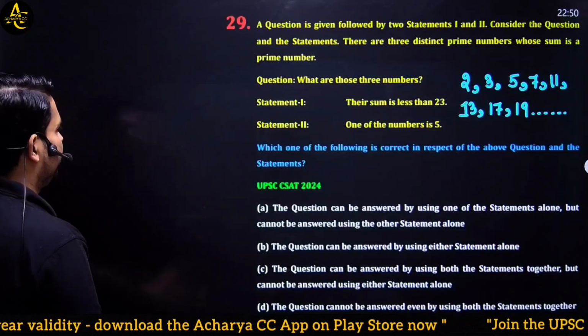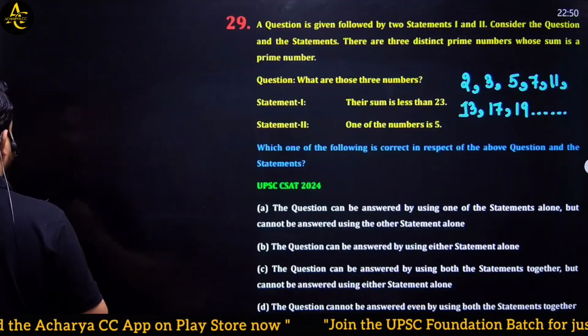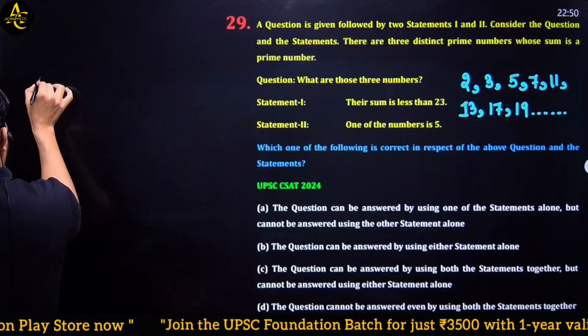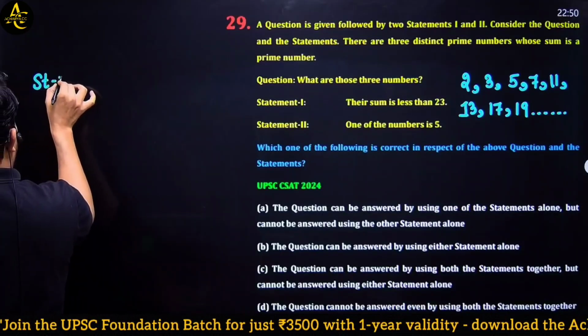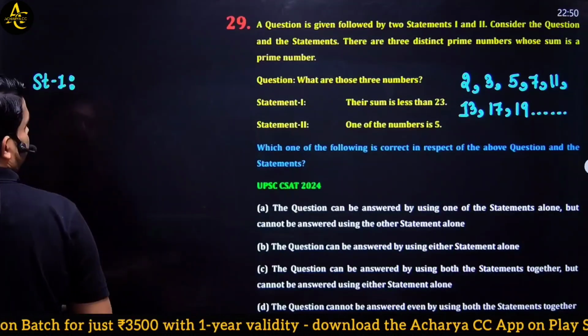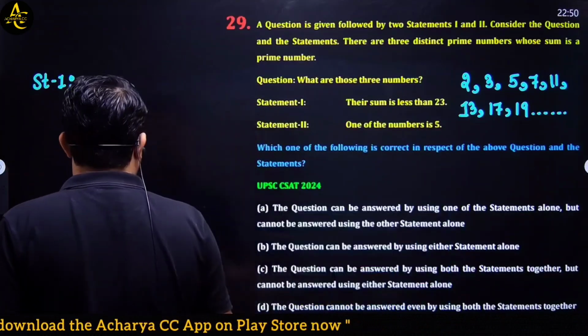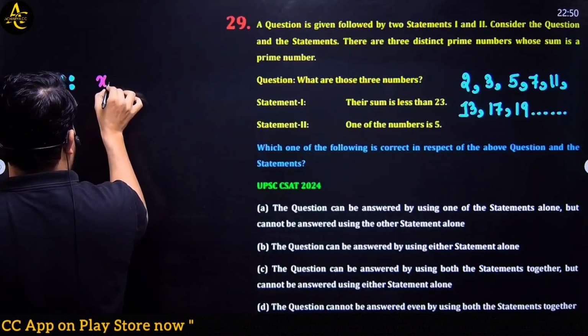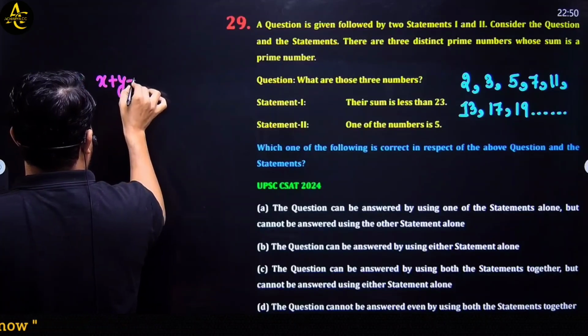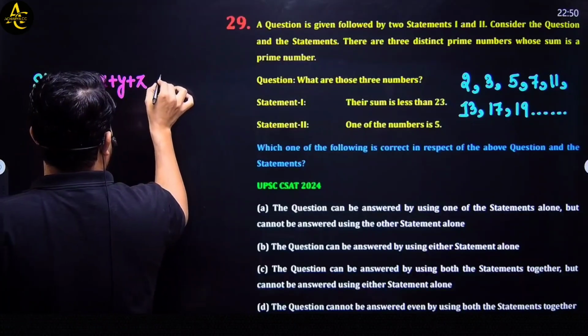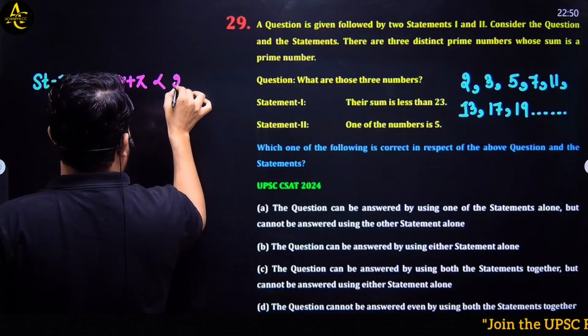See, I will go to statement number first. It says that if I consider them x, y, and z, then x plus y plus z is less than 23.